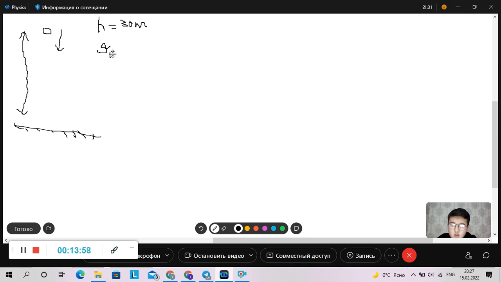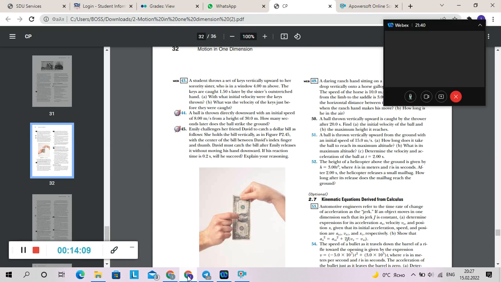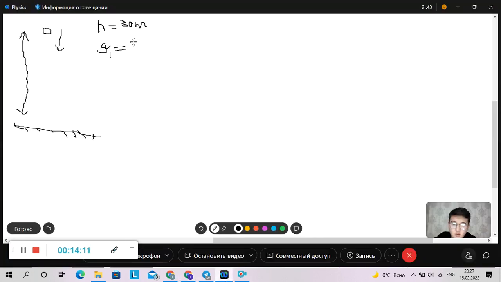The initial velocity is 8 meters per second. And we need to find time.